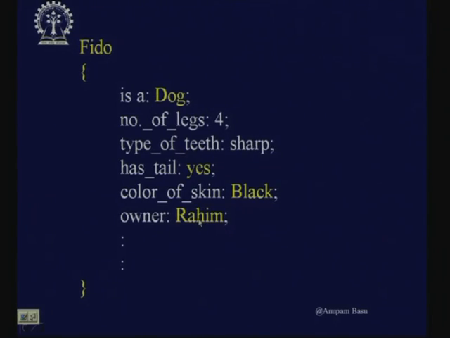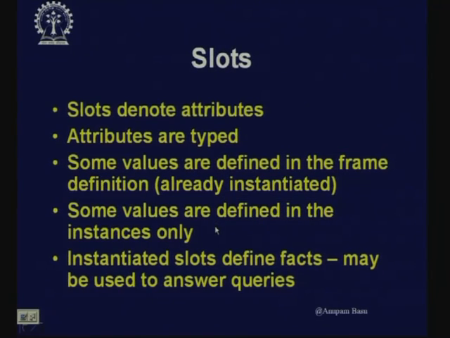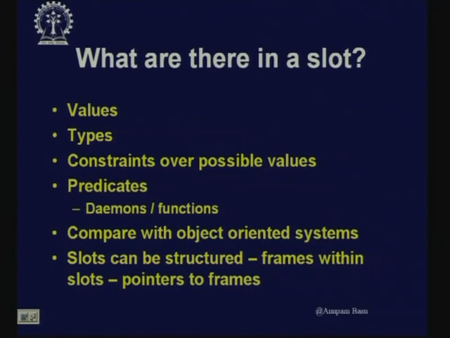If you compare it with object oriented systems, let us have a quick comparison. Those of you who know the concepts of classes and objects of a class. If I make a mapping, side by side I look at a frame based system. I have got classes in object oriented systems and they are mapping to frames.